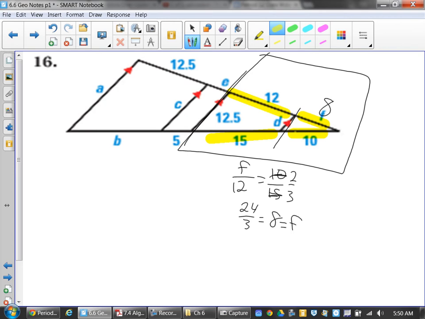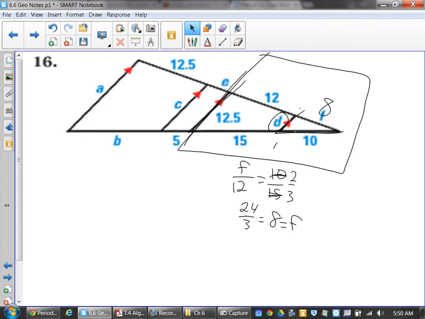Now, you can keep continuously reusing values here to figure out what d is. 10 is to d, as 25 is to 12.5. Cross multiply and solve again. If I'm not mistaken, I think you get 20?